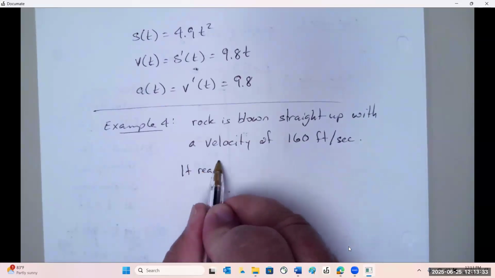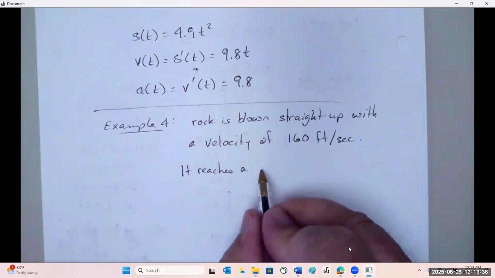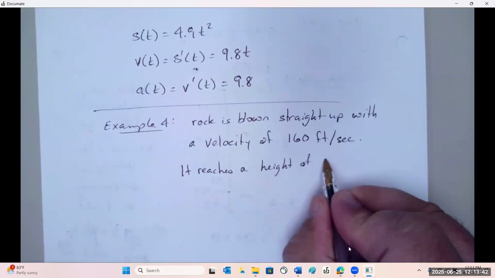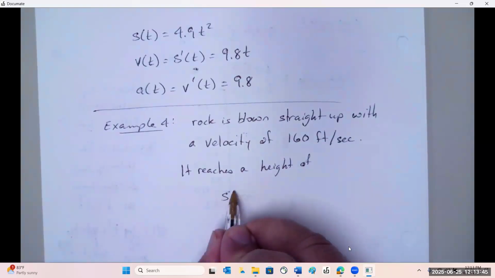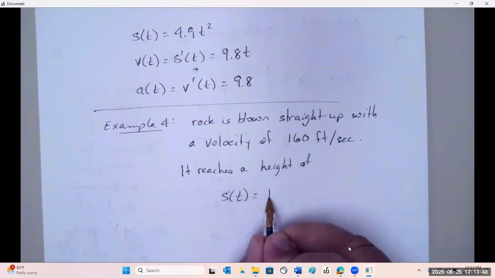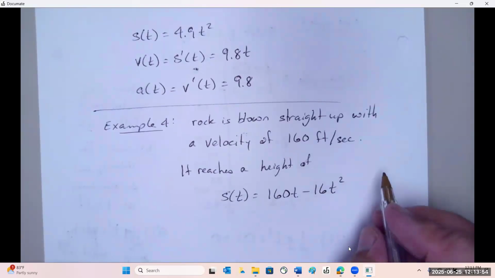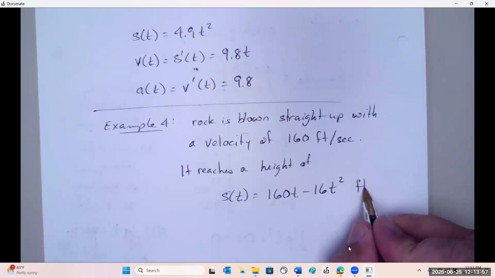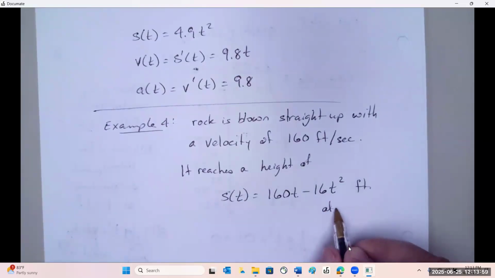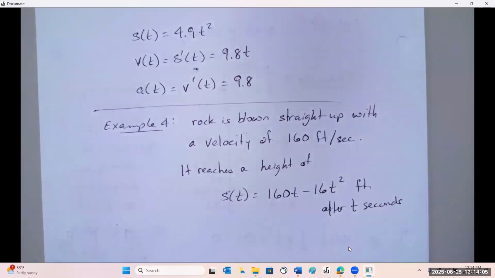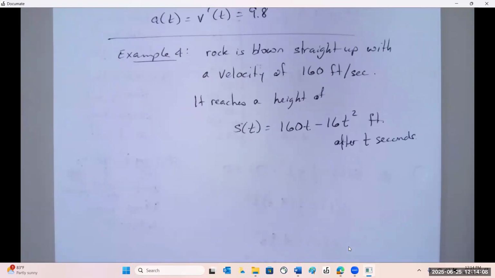It reaches a height of S of t equals 160t minus 16t squared feet after t seconds. And I'll talk about this formula in a second.